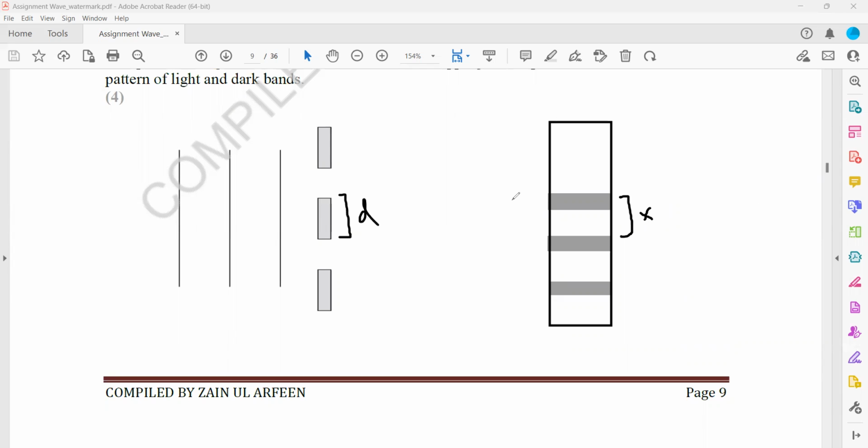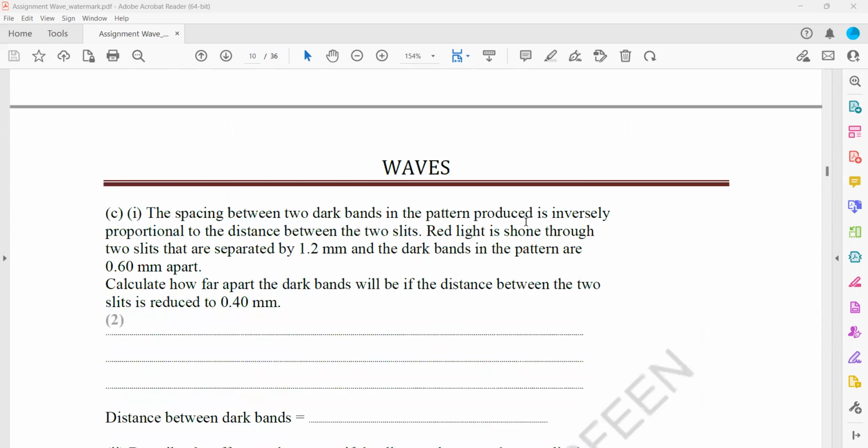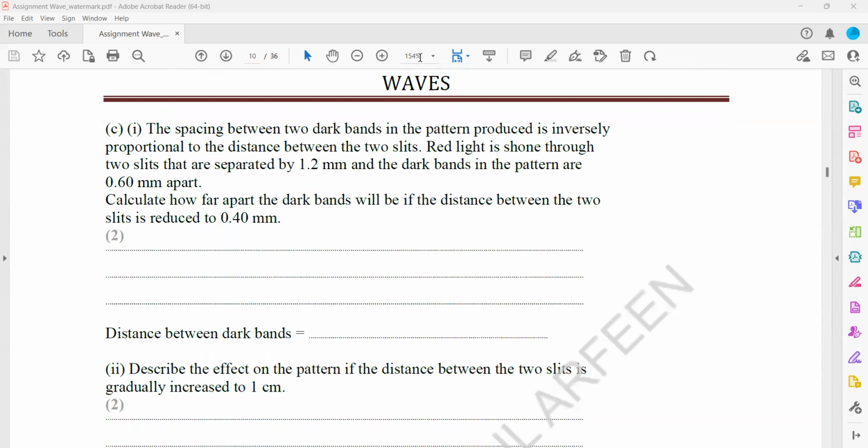If we reduce this gap, the spacing will increase. If this D is reduced, then the spacing between the two fringes will increase. If we increase this, this will decrease, opposite. So they mentioned the spacing between the two dark bands is inversely proportional to the distance between the two slits.